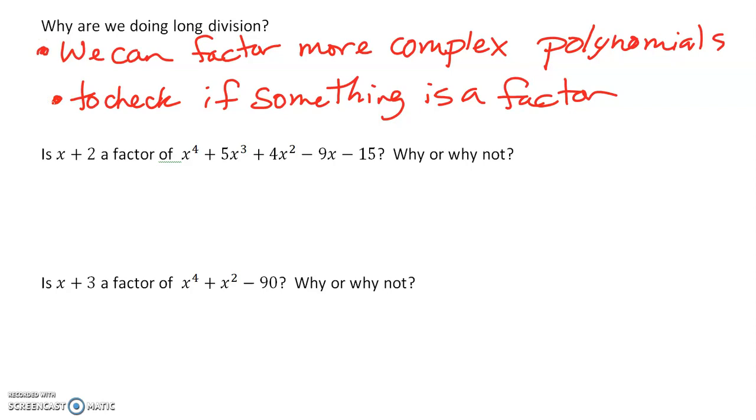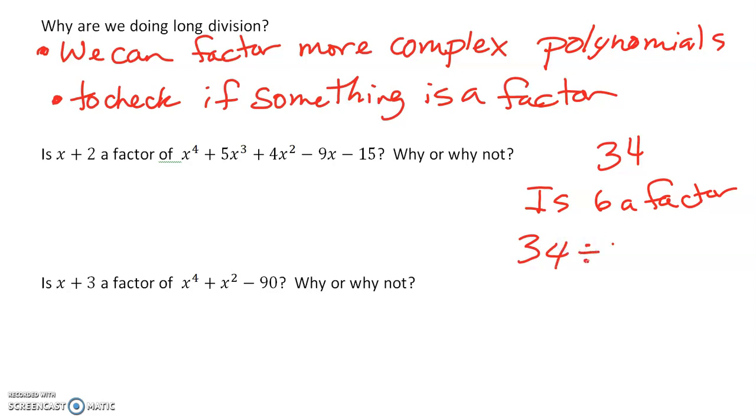So, say I give you a number like 34. Is 6 a factor of 34? Well, how would you tell that? Most of you guys would pull out your calculator and you would take 34 divided by 6.